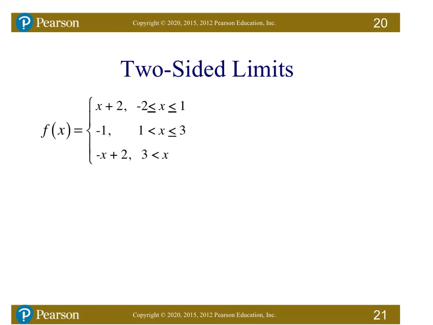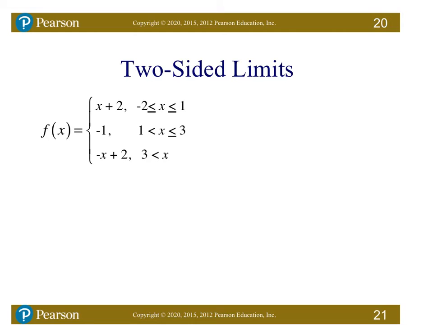Okay, so we want to check some two-sided limits here. I'm going to check a two-sided limit at the number 1, and I'm going to check a two-sided limit at the number 3. I am not going to check a limit at the number -2 because -2 would only be a one-sided limit, since it's only part of one of the inequalities.